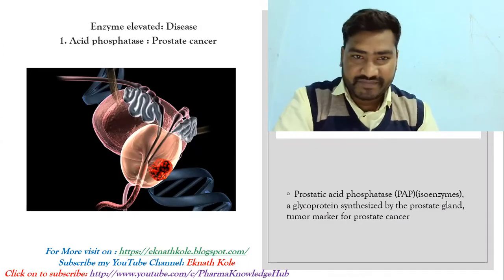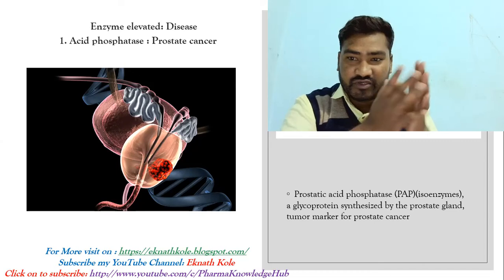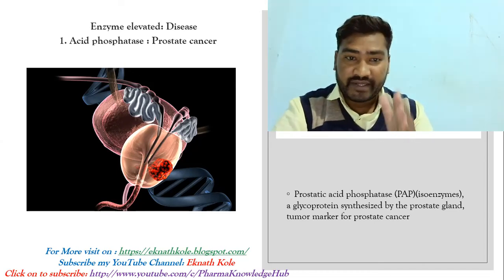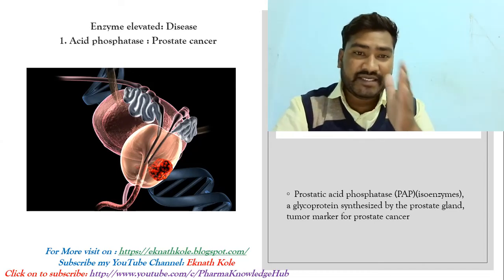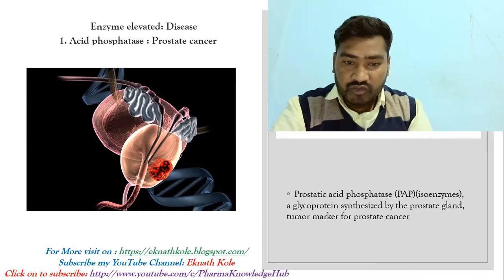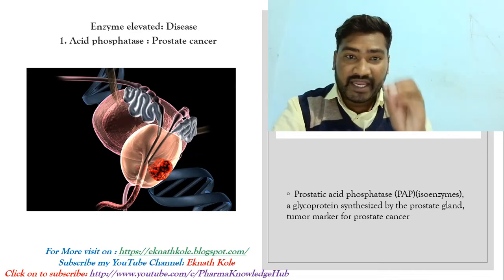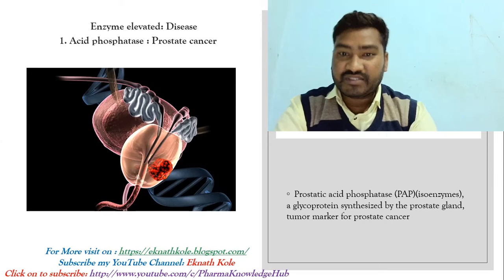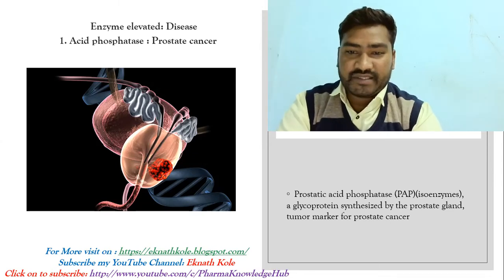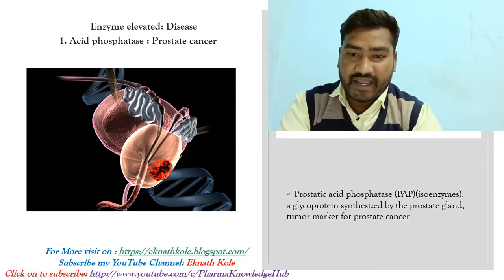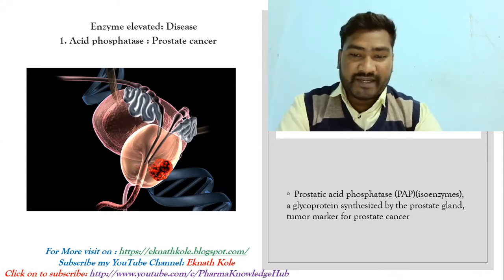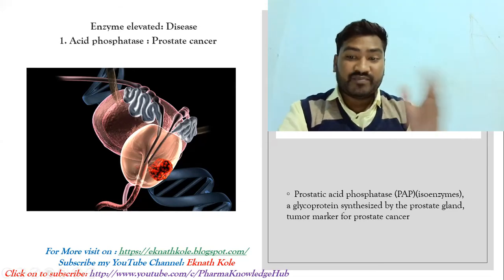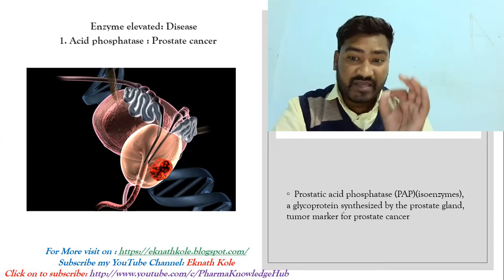Acid phosphatase. Okay, see the first enzyme, acid phosphatase. If the acid phosphatase is elevated in our body, it indicates that the person is having prostate cancer. The prostatic acid phosphatase is known as PAP.